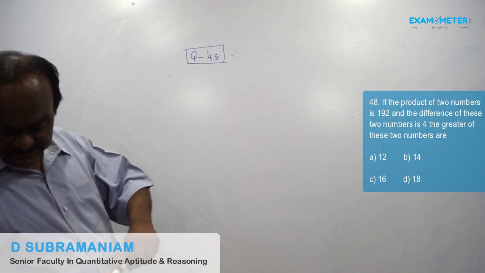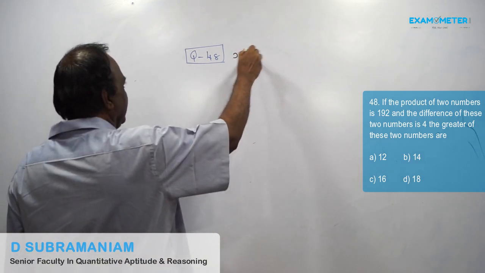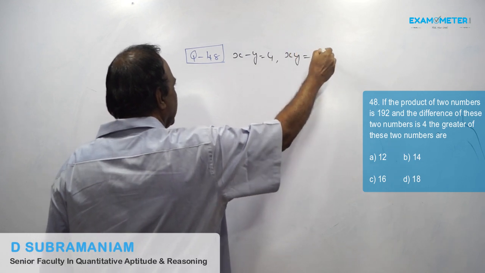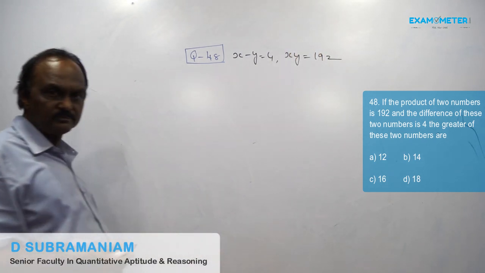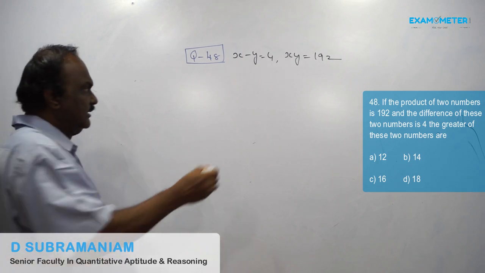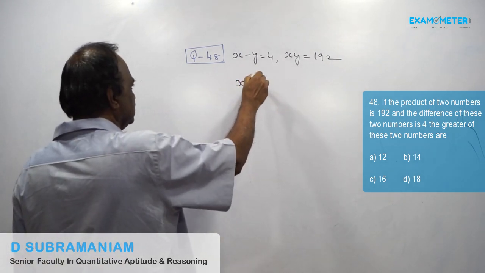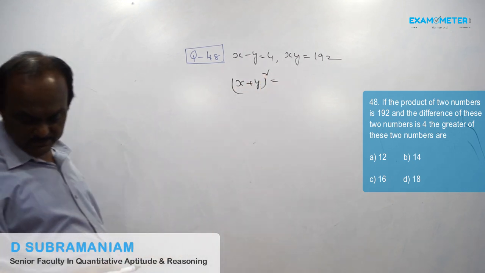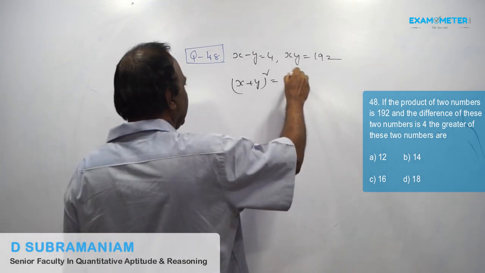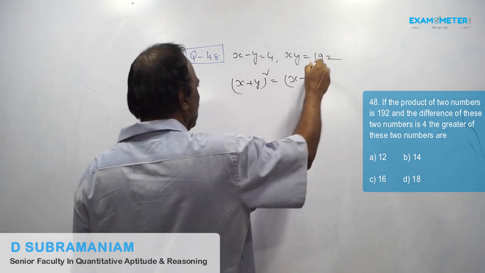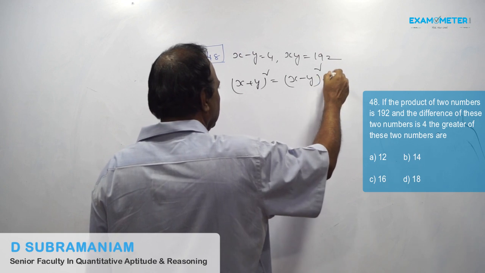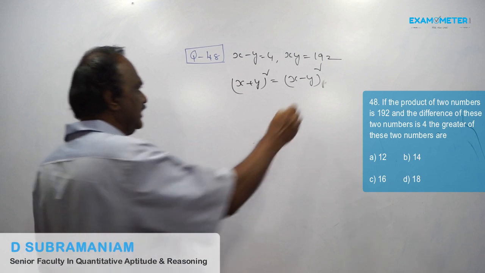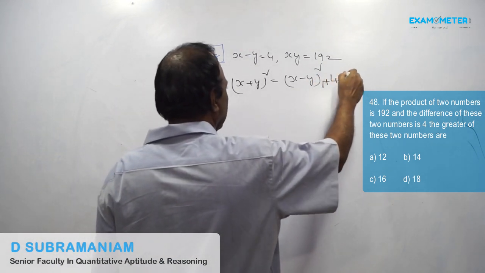Numbers we take as x and y. x minus y is equal to 4. xy is equal to 192. (x plus y) whole square is equal to (x minus y) whole square plus 4xy.